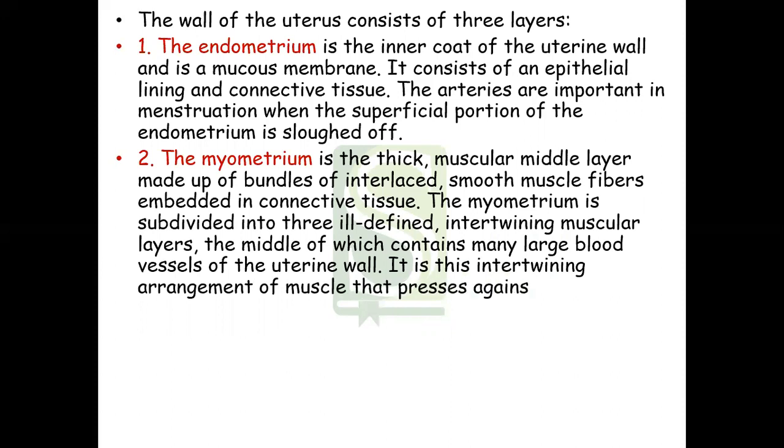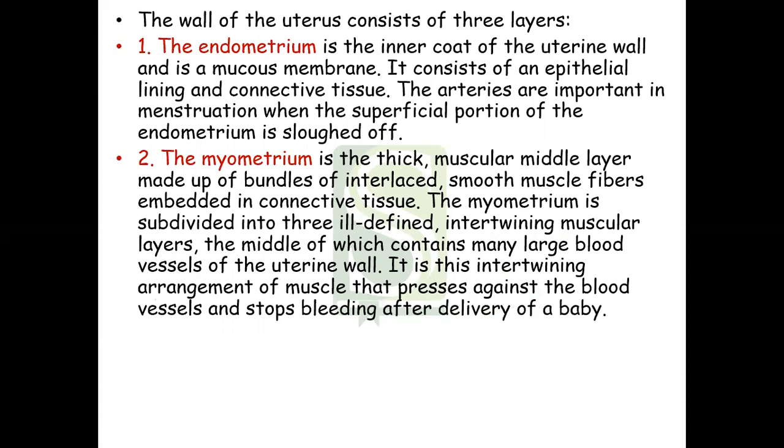It is a thick muscular middle layer, made up of bundles of interlaced smooth muscle fibers embedded in the connective tissue. The myometrium is subdivided into 3 ill-defined intertwining muscular layers, the middle of which contains many large blood vessels of the uterine wall.